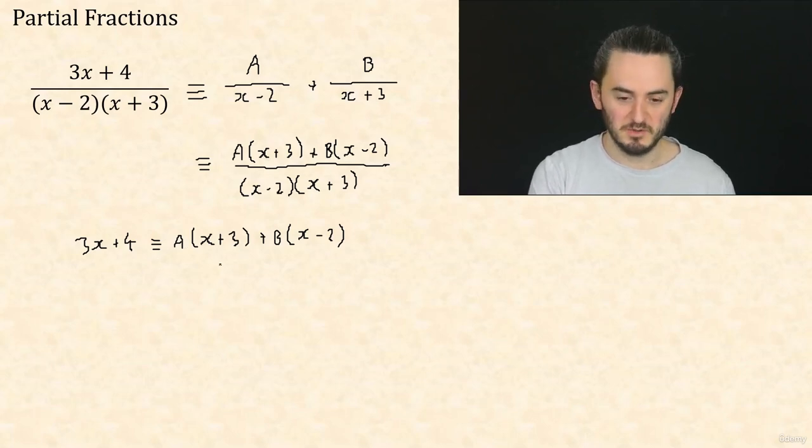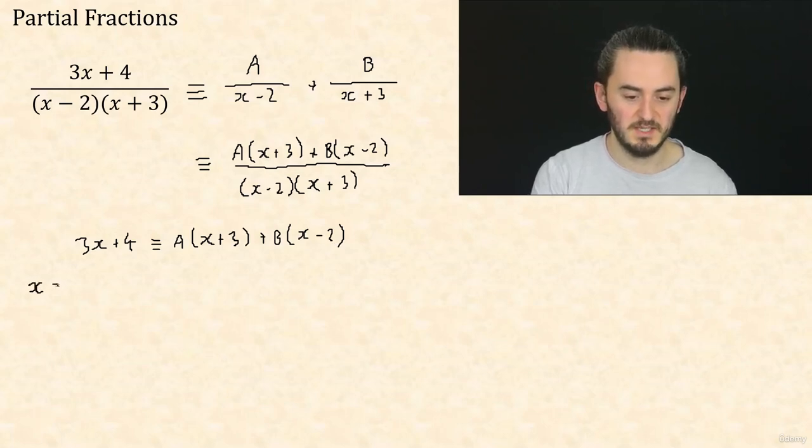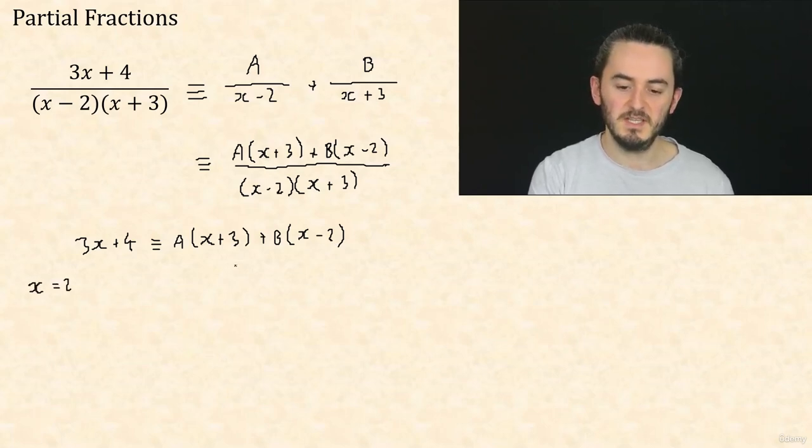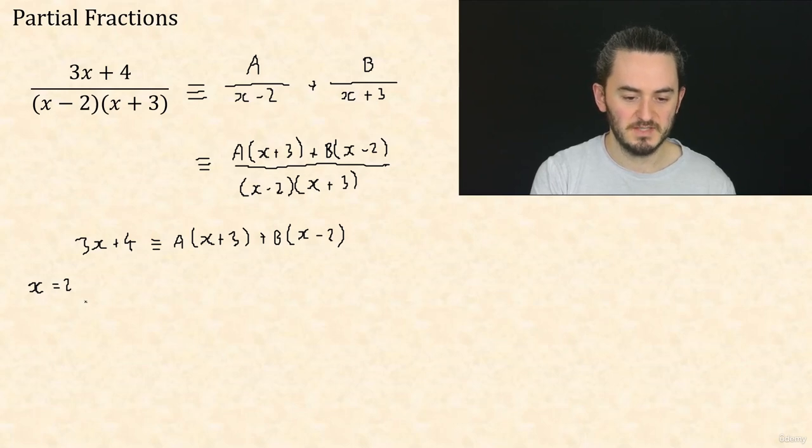Well, I'm going to tell you one. I'm going to tell you two, in fact. The first one is x equals 2. Here's why this is particularly sneaky: if x is 2, you get 2 minus 2 in this bracket and it just disappears. So if we sub in x equals 2, we get 3 times 2 plus 4 on the left-hand side, and on the right-hand side I have A times 2 plus 3.